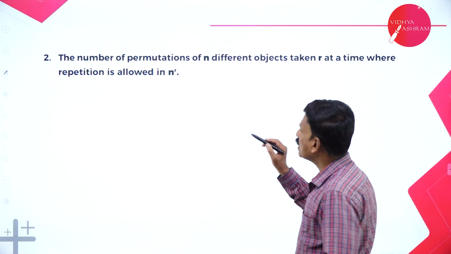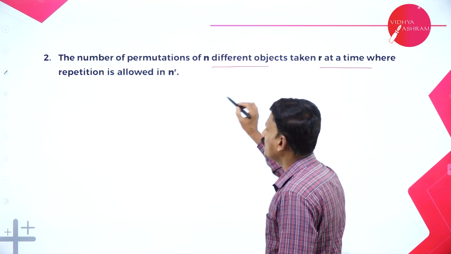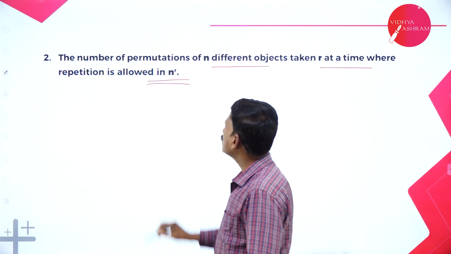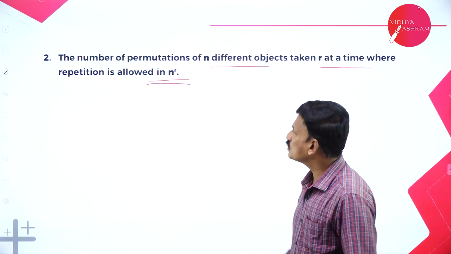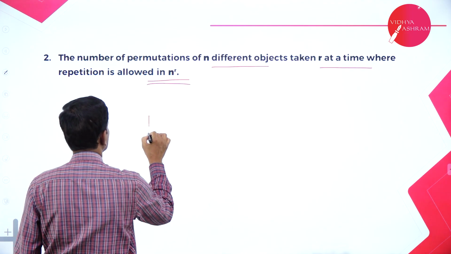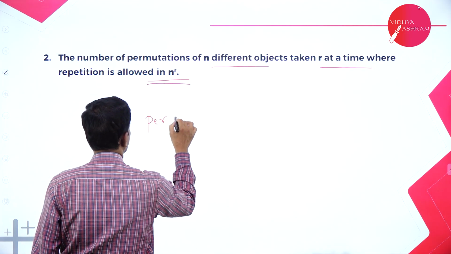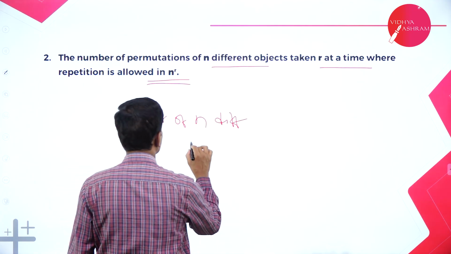Now, the number of permutations of n different objects taken r at a time, where repetition is allowed, is n to the power of r.